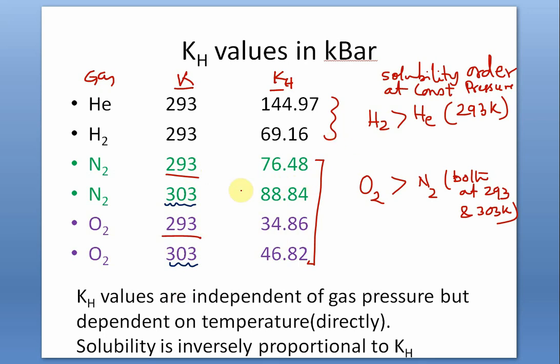If you raise the temperature to 303, Kh increases and solubility decreases. Even at 303, oxygen is more soluble than nitrogen. So you have to compare the Kh values at a particular temperature and then order the different gases in the decreasing or increasing manner of their solubilities, right?